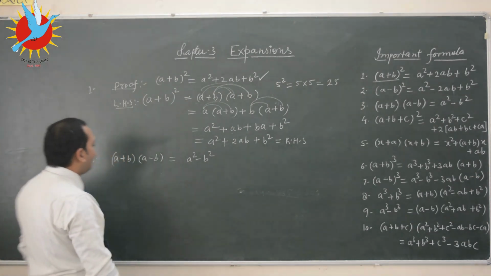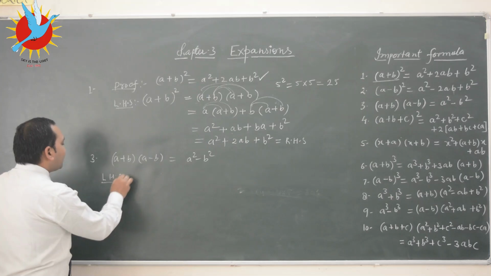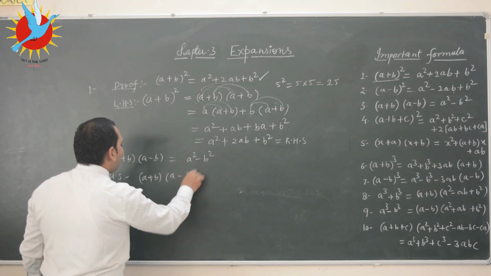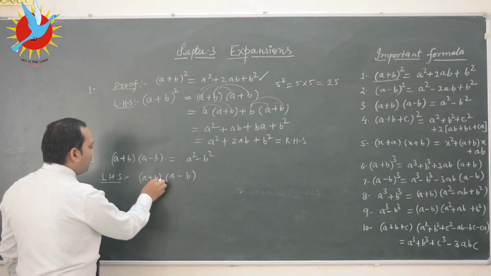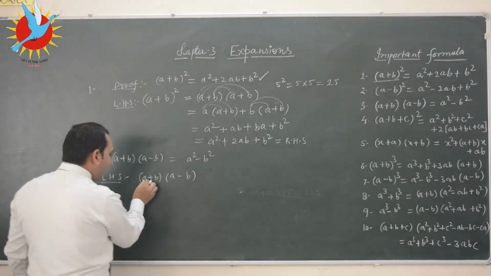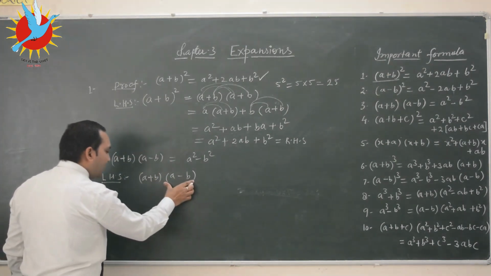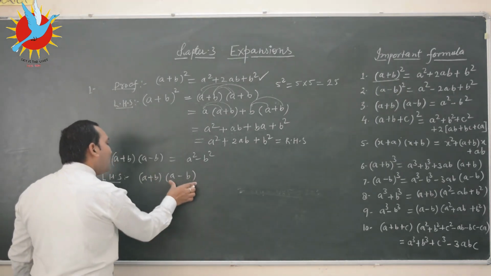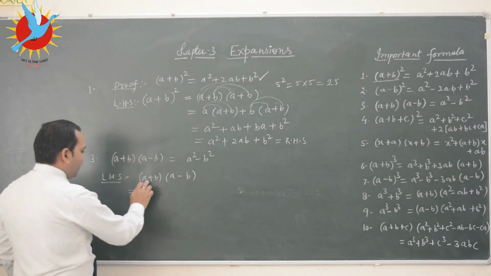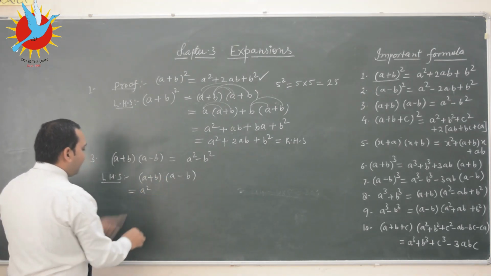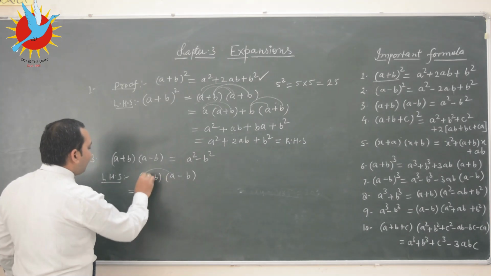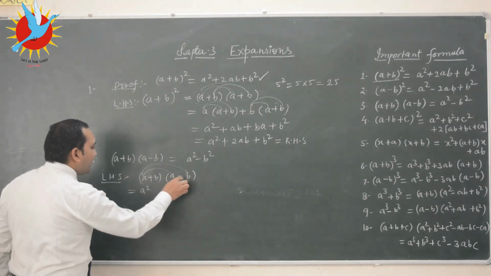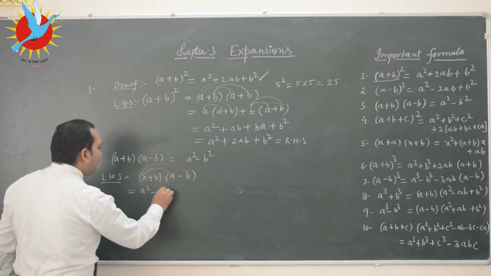So this is also the same as the first, meaning the product of the left hand side is always equal to the RHS, right hand side. So we solve the LHS, (A + B) into (A - B). A multiplies the whole, plus B multiplies the whole, meaning the first term multiplies the second expression and the second term of the first expression multiplies the whole. Now A into A is A square, once again A multiplied by B, but plus A into minus B, plus into minus is minus, A into B is AB.